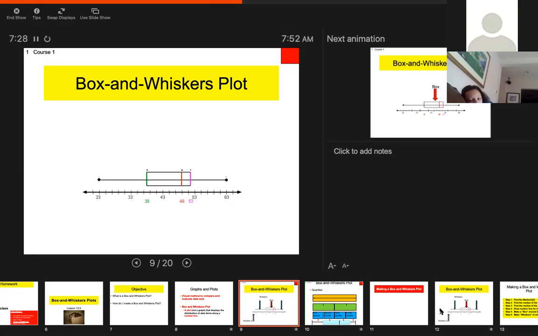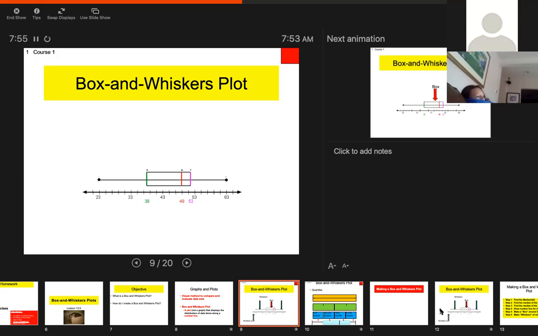That should be called a rectangular whiskers plot. I have no idea why they call it a box and whiskers plot. Somebody messed up math-wise. This has bothered me since I learned it, and I didn't learn it in 7th grade. I learned it in 8th grade. It's bothered me since 8th grade. But most people don't get bothered by that kind of stuff, and I'm sure most of you won't either. But if you are, well, there we go. We verbalized it. It's called a box and whiskers plot.